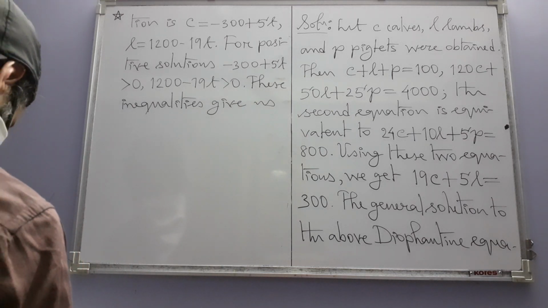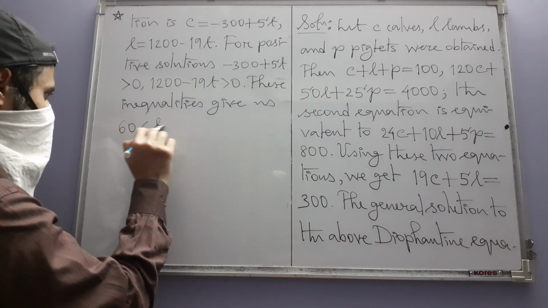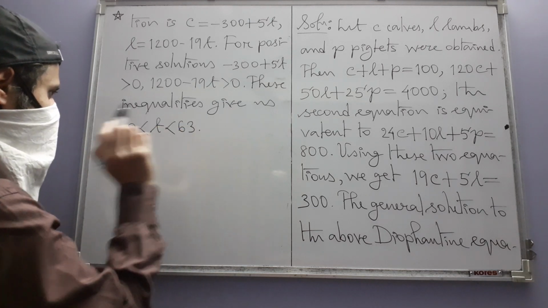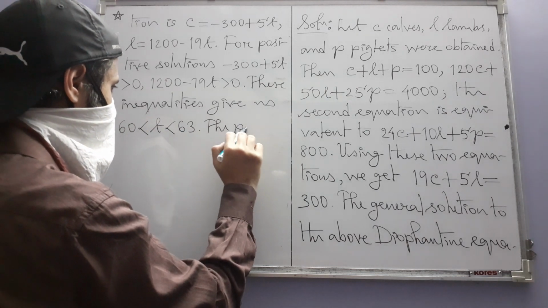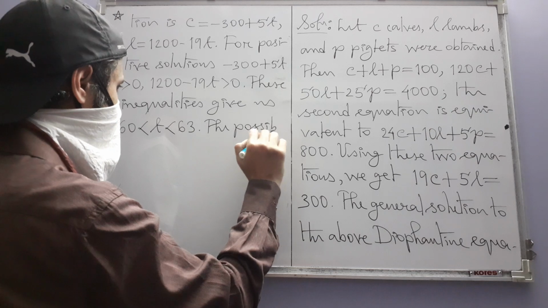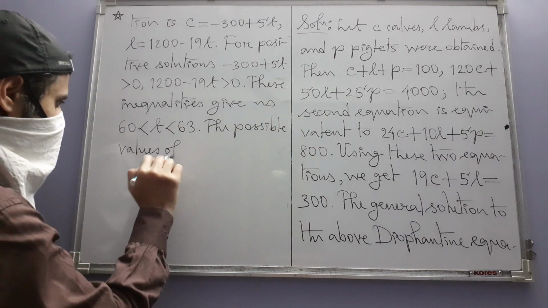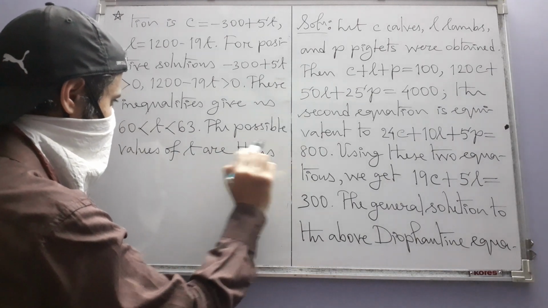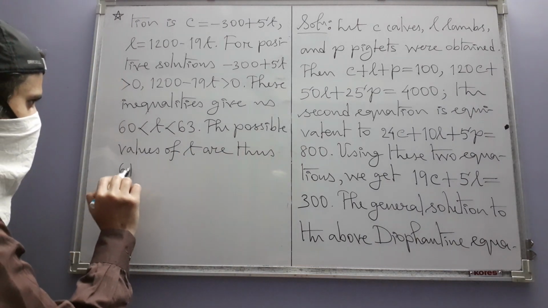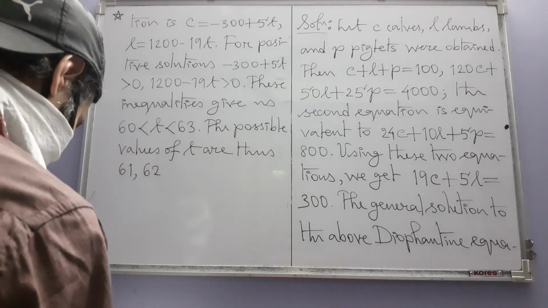Ultimately it gives us 60 less than t less than 63. The possible values of t are thus 61 and 60, only two values.